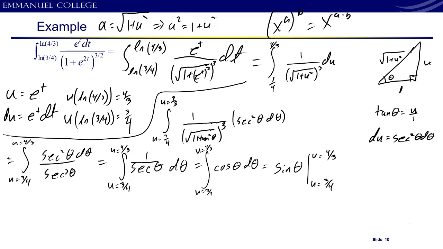So sine is going to be opposite over hypotenuse. So really what I'm evaluating is the opposite, which is u, divided by the square root of 1 plus u squared, evaluated from 3/4 to 4/3.